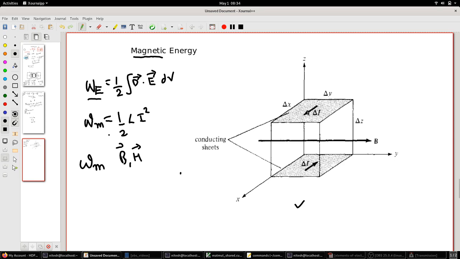These are the areas of the sheets, and they are carrying a very small current of delta I. Since I is flowing in this direction, if you use the right hand rule, you will get a magnetic field in this direction. In the same way, since I is flowing in this conducting sheet in this direction, you will get a magnetic field in this direction. So basically your magnetic field is going to be in this direction.